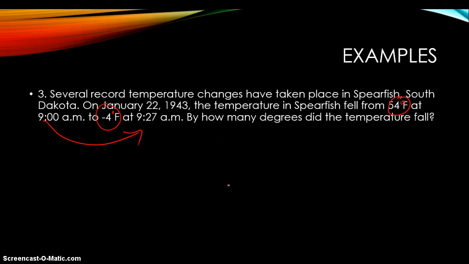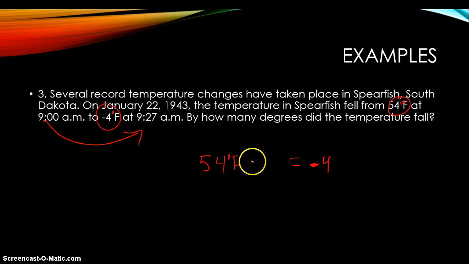So, by how many degrees did the temperature fall? Now we have to write an equation to show this. Okay? So we know that the original temperature was 54 degrees Fahrenheit. We know that when it ended, when they wanted to test it again, it was at negative 4. Within that 20 minutes, it got from 54 to negative 4.